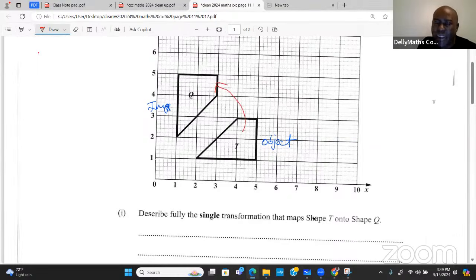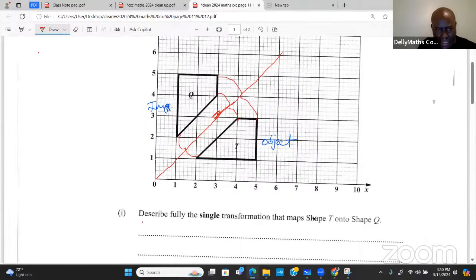You have to observe carefully, and the moment you start looking at it carefully, you're going to realize that this is a reflection. It is a reflection in the line where y is equal to x. Take a look. You're seeing this going across here, this going across there, this going across there.